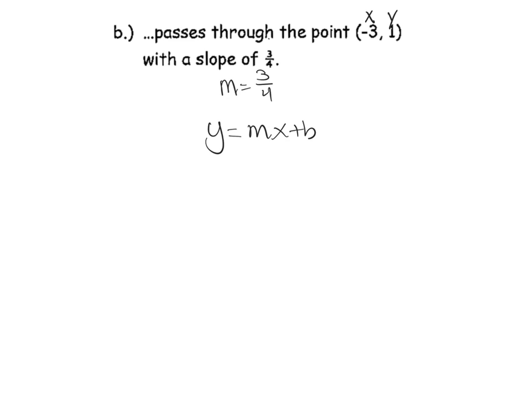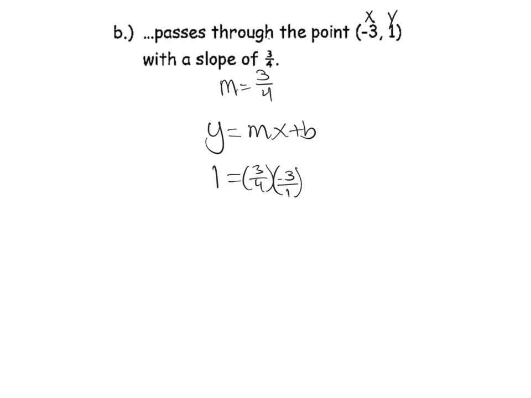My y is? What's my y? What's my m? 3 over 4. And what's my x? How can I write negative 3 as a fraction? Negative 3 over 1.